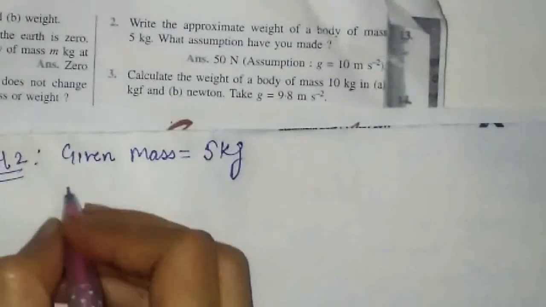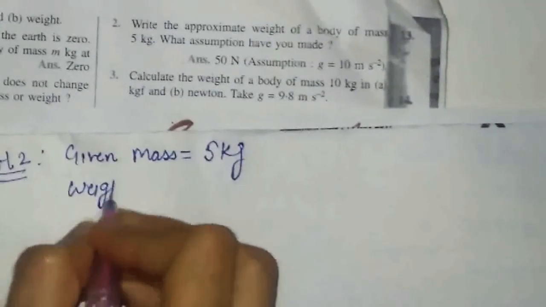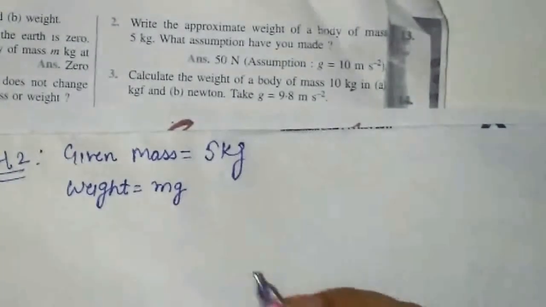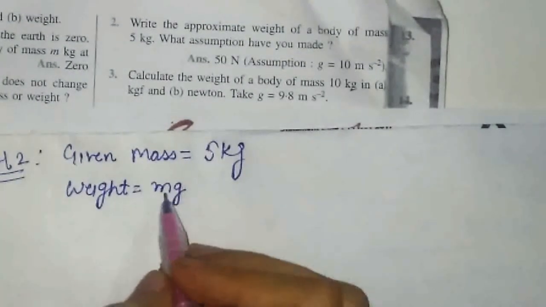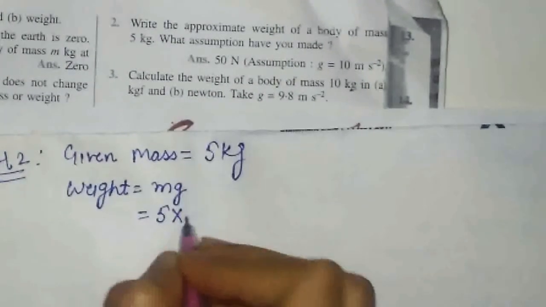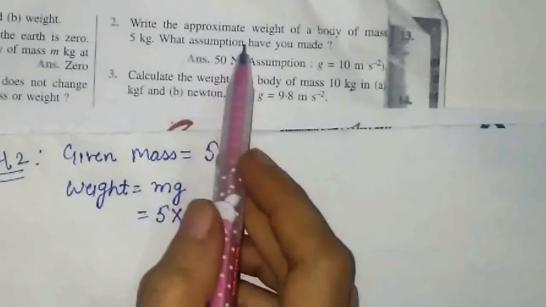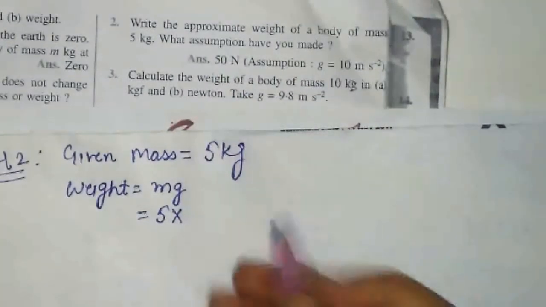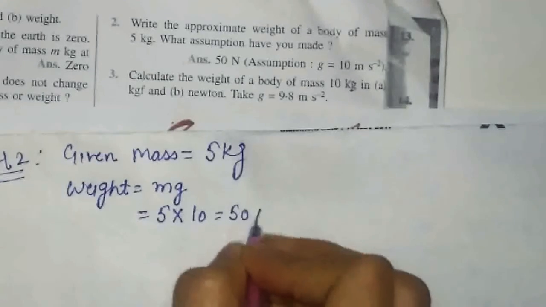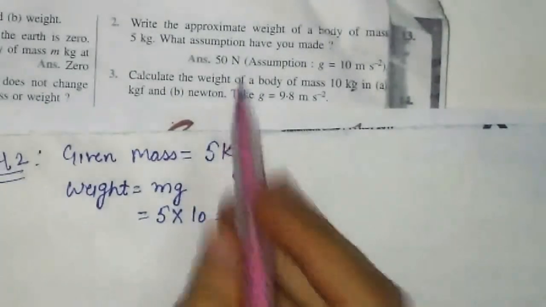Now we all know the weight is equal to mg. Now put the value of m and g. m is 5 and g we have to assume, that assumption is 10. So we put 10 and it becomes 50. So the right answer is 50 Newton.